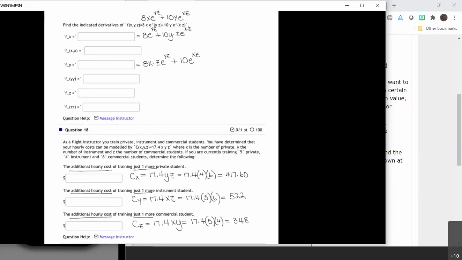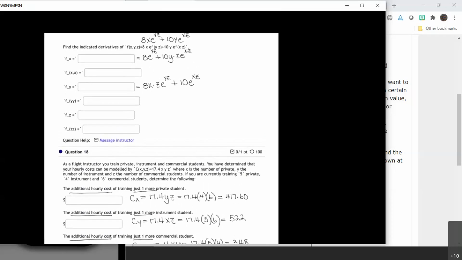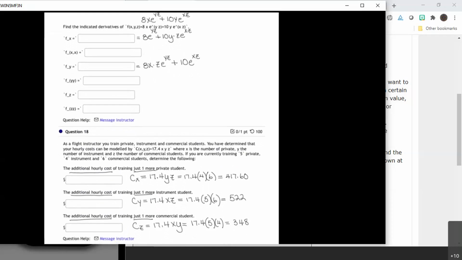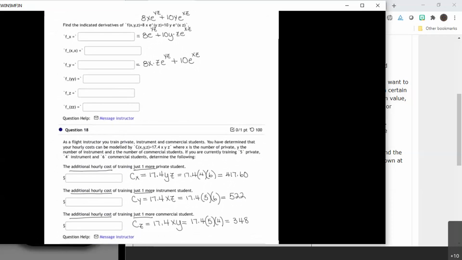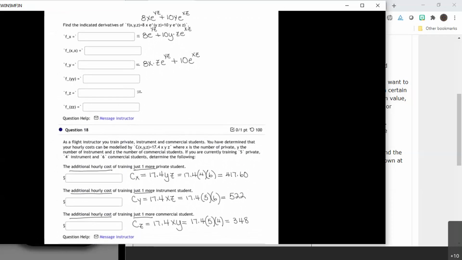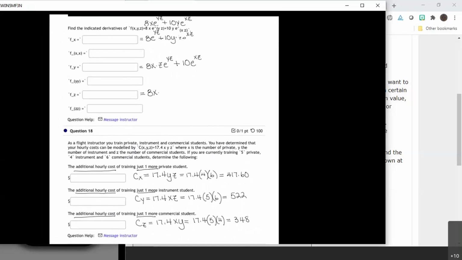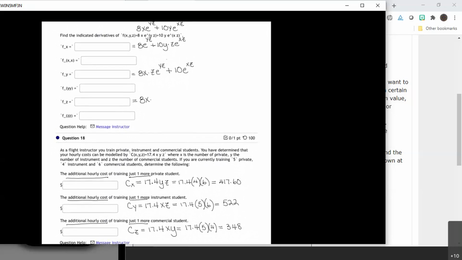If I differentiate with respect to z, you can see z is only up in the exponents, right? So here's what I'm going to get. The 8x in the first term is part of the coefficient. Z is now the variable I'm differentiating with respect to, so y is like the coefficient up there in the exponent.